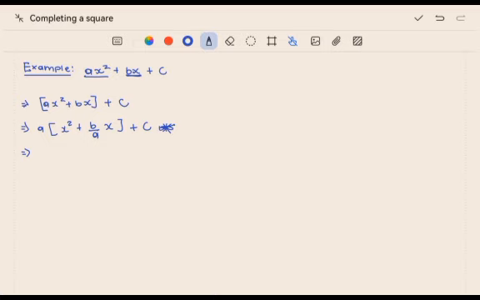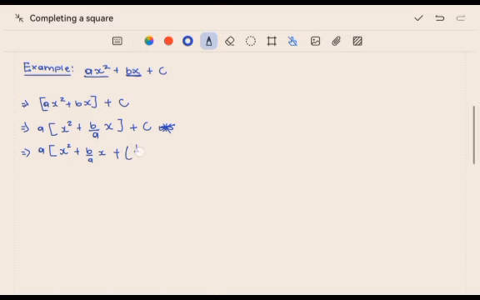But the 0 that you are adding is a special 0. It's not just the 0 that you are used to. So you have x squared plus b over a x, and then you add half of the coefficient of x, which is the coefficient of x inside your square bracket.